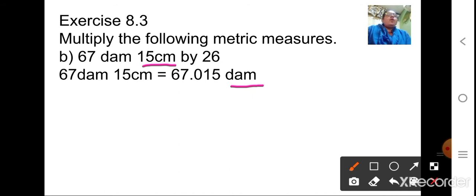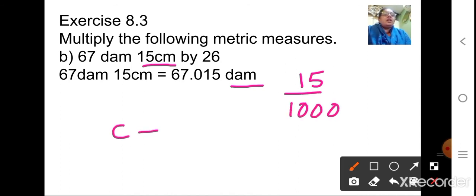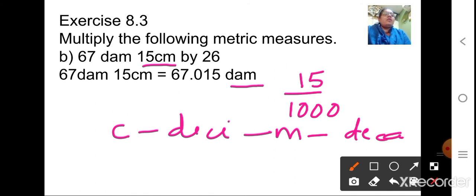Now converting this 15 centimeter to decameter. That will be from centi to deci, deci to meter and meter to deca. So this 15 you will divide by 1000. You are converting from small unit to bigger unit.